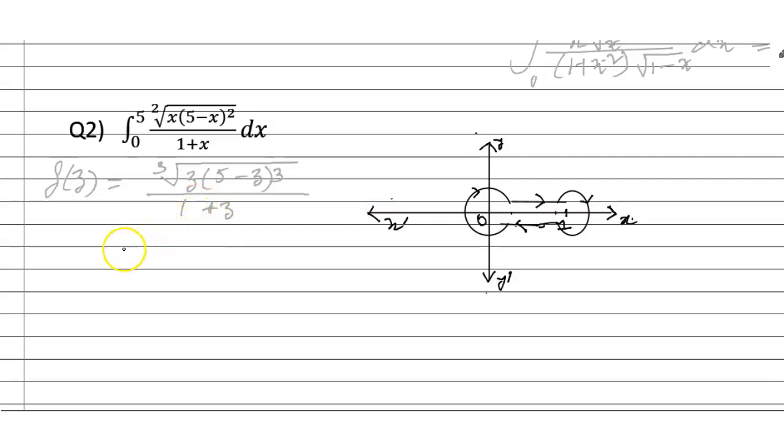Here the branch points are at z equals 0, 5. So take a branch cut on 0, 5.